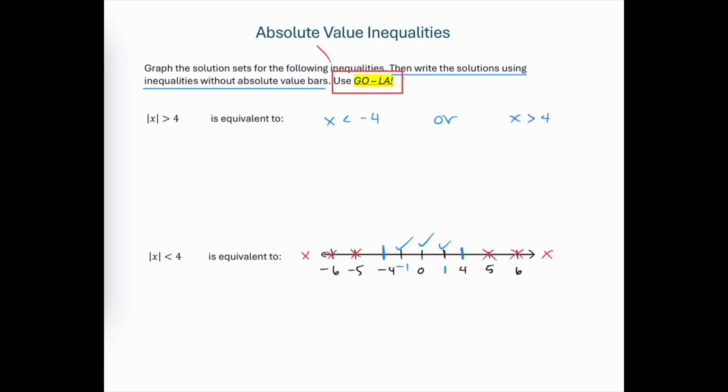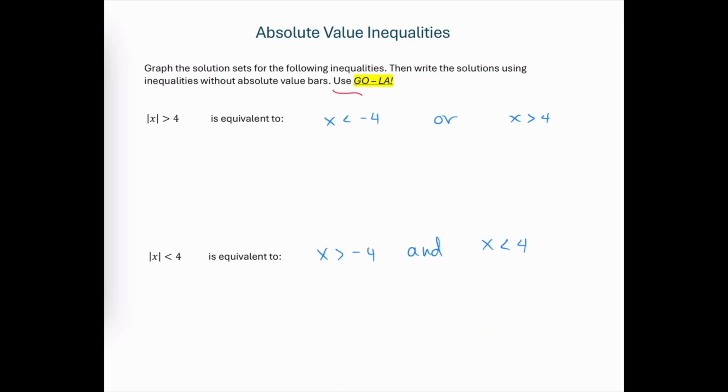But in order to introduce this mnemonic that's going to help us to solve absolute value inequalities, let's use two separate inequalities instead of a compound inequality, which means that we would describe this interval by saying that the x values are less than positive 4, but at the same time, so we use the word and, greater than negative 4. The solutions to this inequality have to be both of these. They have to be greater than negative 4, but also less than positive 4.